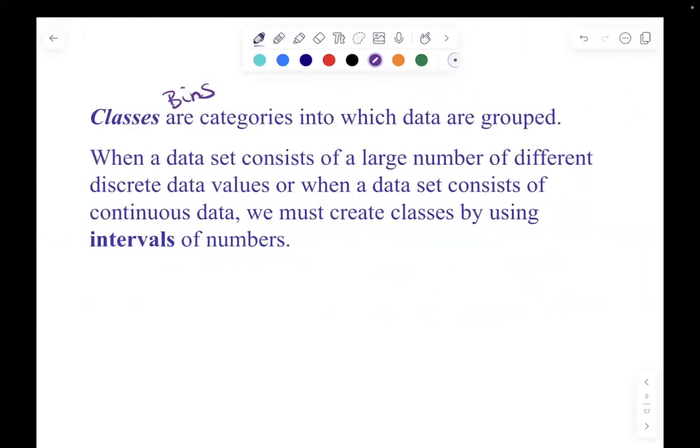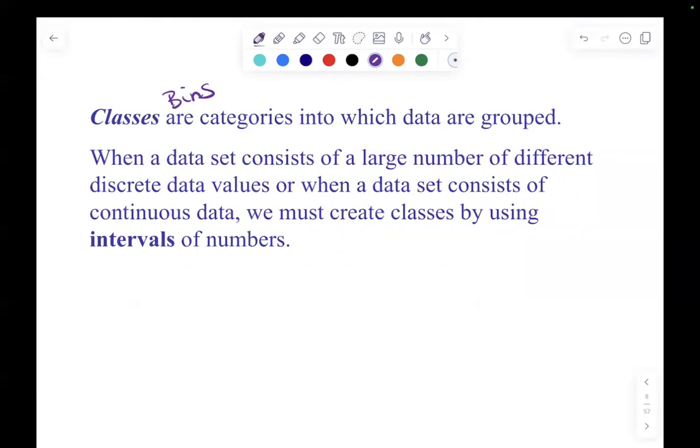Okay, so as I was showing you, if I have a large number of values, whether they're discrete or continuous, I'm not going to put 30 different bars on my histogram if I have 0 to 30 in my discrete data.